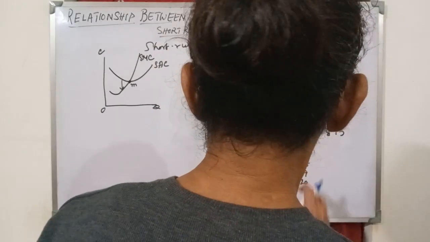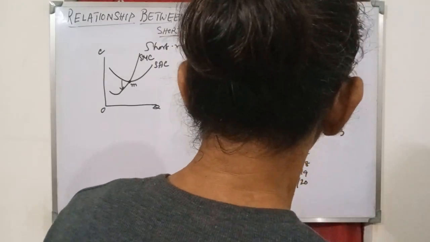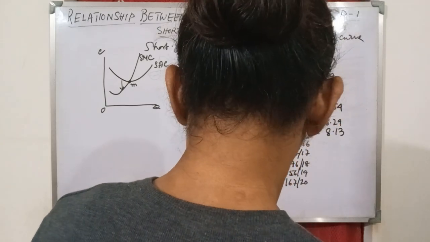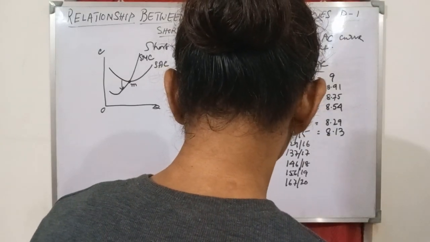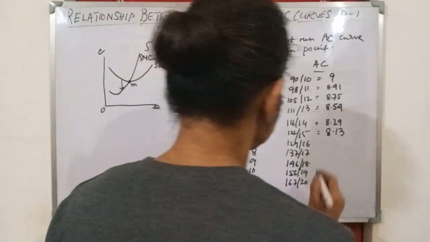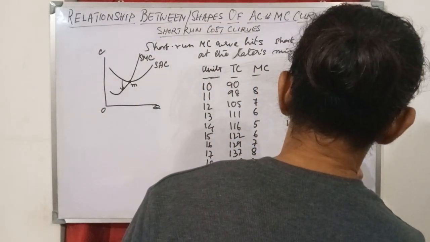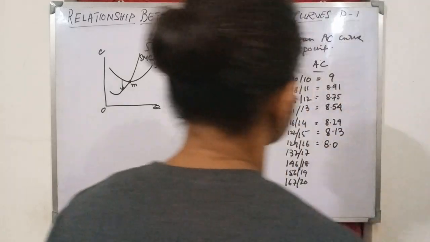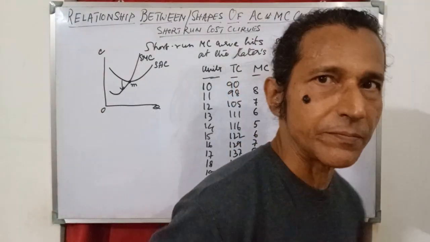Then 129 divided by 16, we get 8.05. We take 8. We can ignore 0.05.